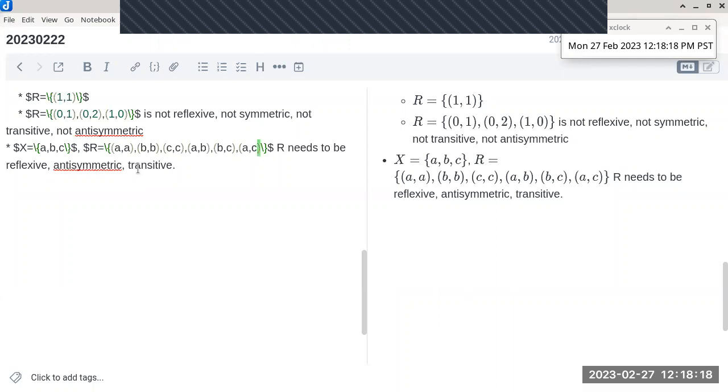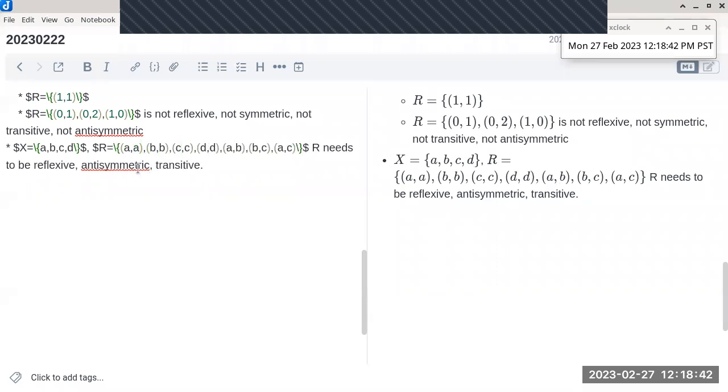All right. So let me add one more thing here to illustrate why partial ordering may not be entirely useful when you need to sort. I'm going to add a new element, D, like so. I'm going to keep R the same, except I'm going to add DD because it still needs to be reflexive.